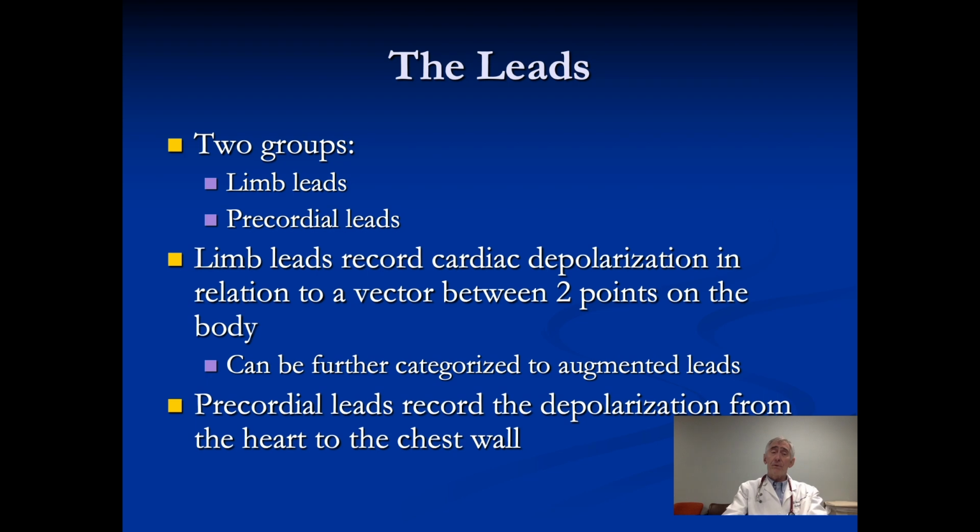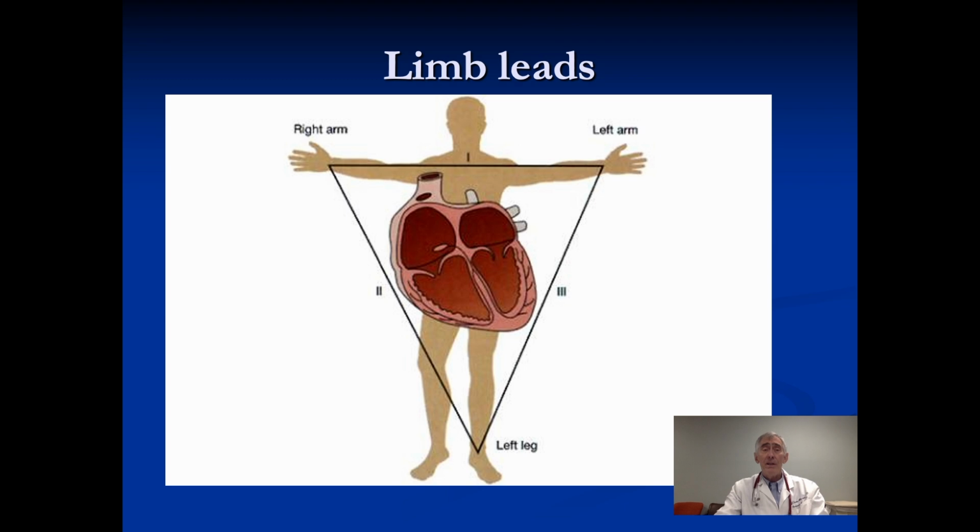And we record from these in a bipolar fashion with the limb leads, and then we do augmented leads besides. And the precordial leads record depolarization from the center of the heart to the chest wall. These limb leads, the right arm, left arm, depolarization gives us 0 degree depolarization straight across the chest.